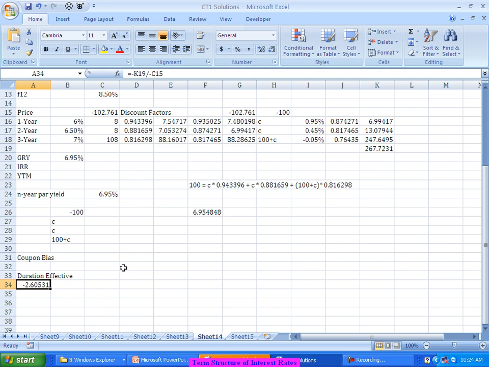A 1% increase in the interest rate is resulting in a 2.6% drop in the price of the bond. So the price of the bond is changing by 2.6% per every change in the interest rate. That is the way we will use the method of duration.